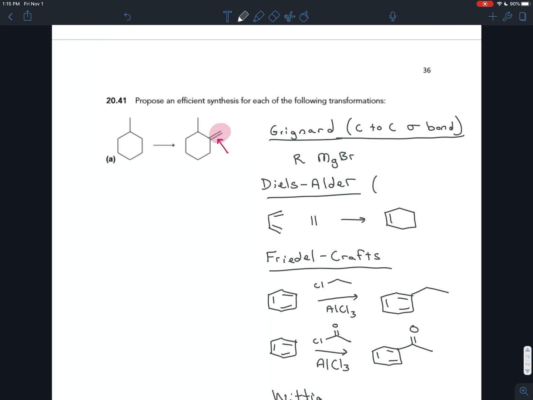Okay, so you know to do Grignard if you're trying to create a carbon-to-carbon sigma bond. So if just one bond between carbons. The Diels-Alder if you're trying to make a ring. The Friedel-Crafts if you're trying to attach some carbon chain to benzene.